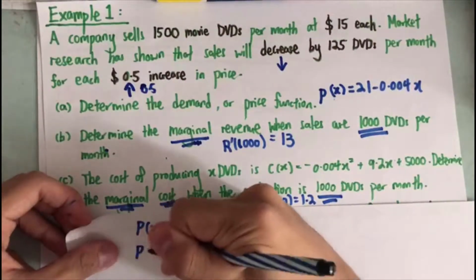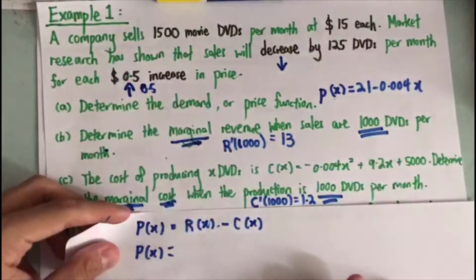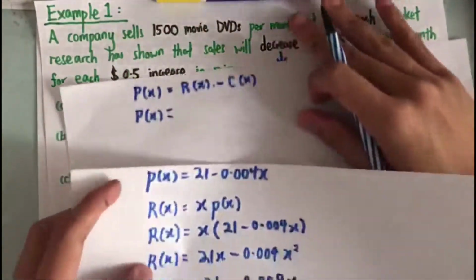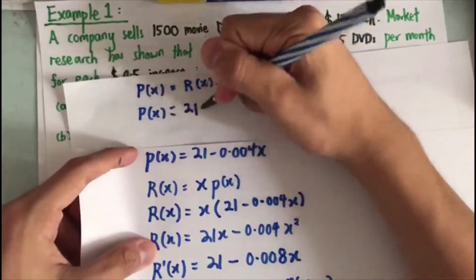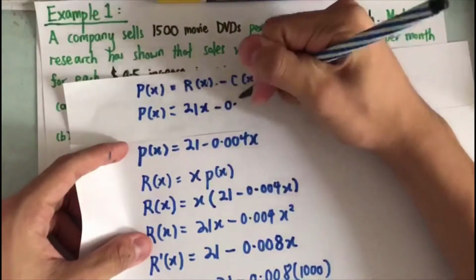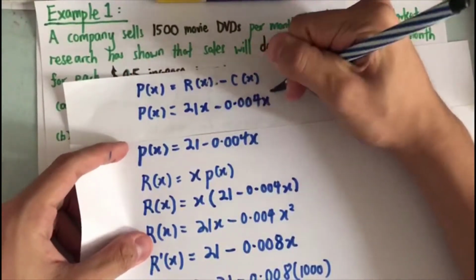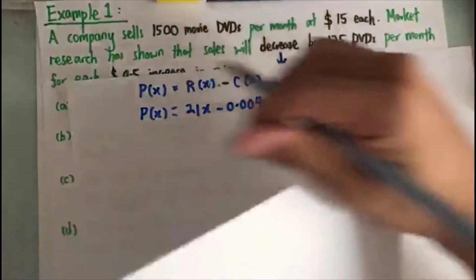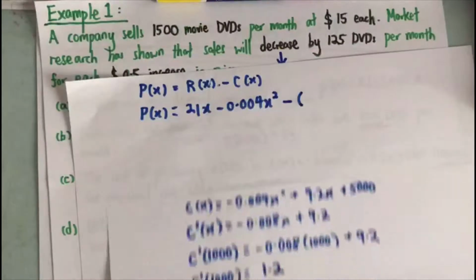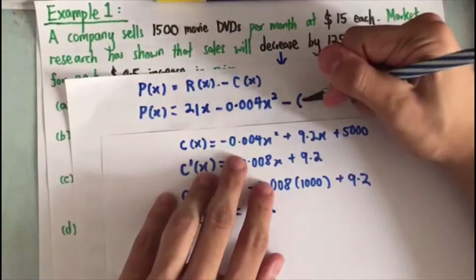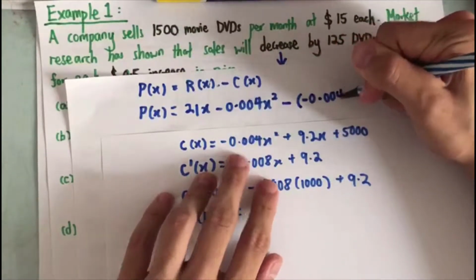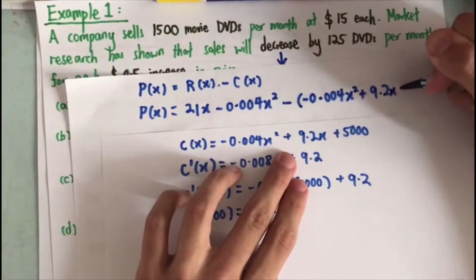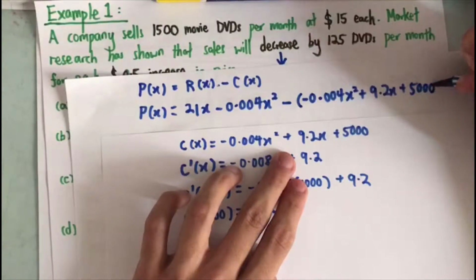Therefore, we need to use the revenue function we found just now, which is 21x minus 0.004x squared, and then minus the cost we found just now. It is given by the question. It was negative 0.004x squared plus 9.2x plus 5,000.